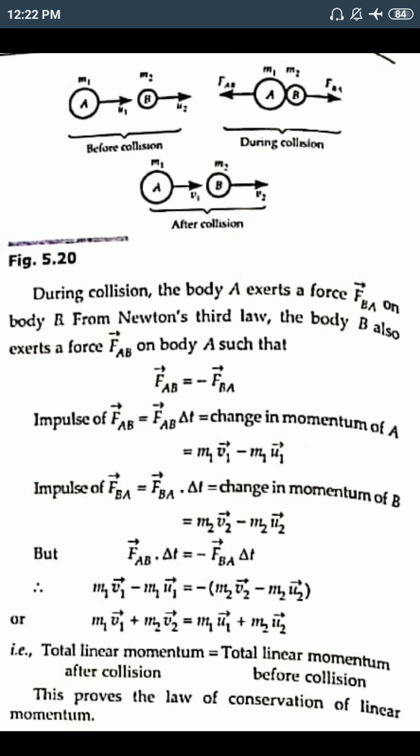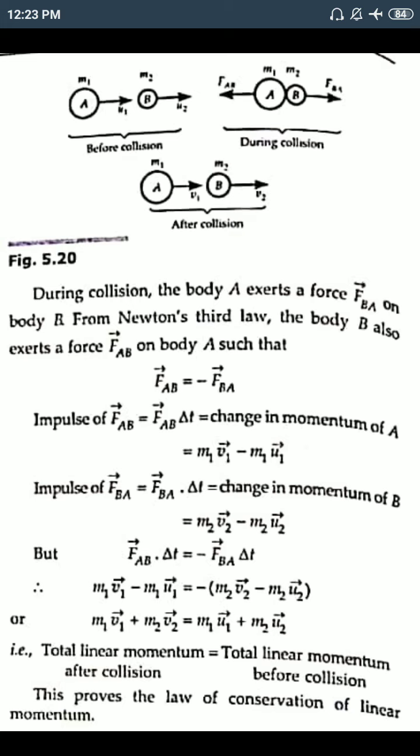Here m1 v1 is the momentum of A after collision, and m1 u1 is the momentum before collision. Similarly, the impulse of FBA equals FBA into delta t, which equals m2 v2 minus m2 u2.